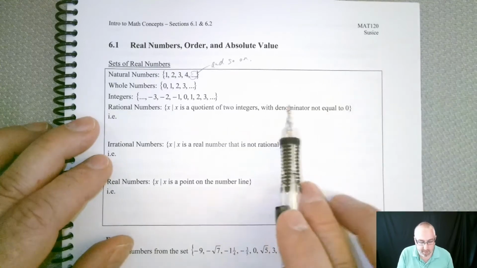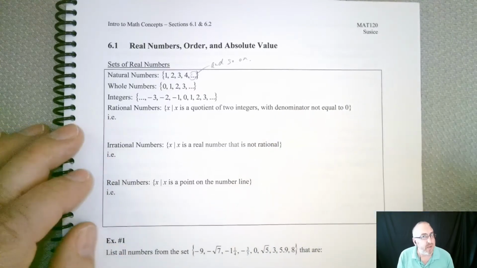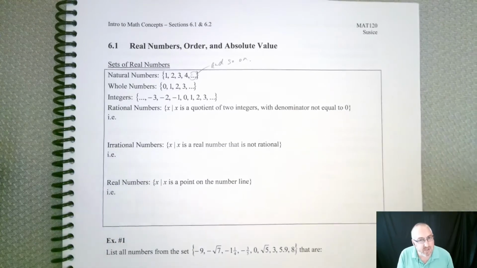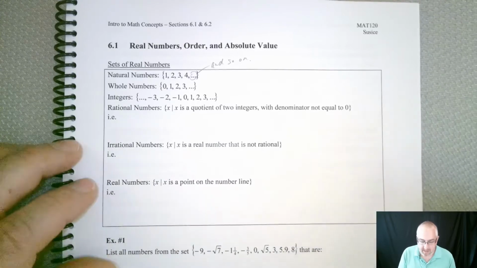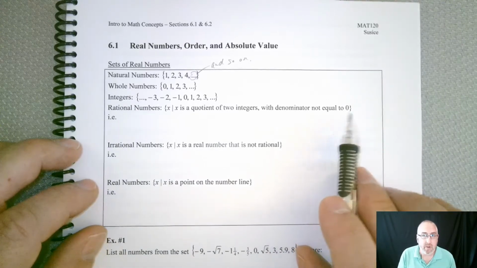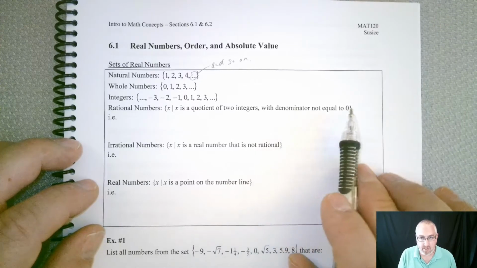Now, what does that make you think of? Hopefully the word denominator kind of gives it away. So if you hear the word denominator, hopefully you're thinking fractions. And that's essentially what the rational numbers are. They're looking at all the different possible fractions, and we can't have the denominator equal to 0. So the denominator, remember, is the bottom of the fraction. So we can't have the bottom equal to 0.